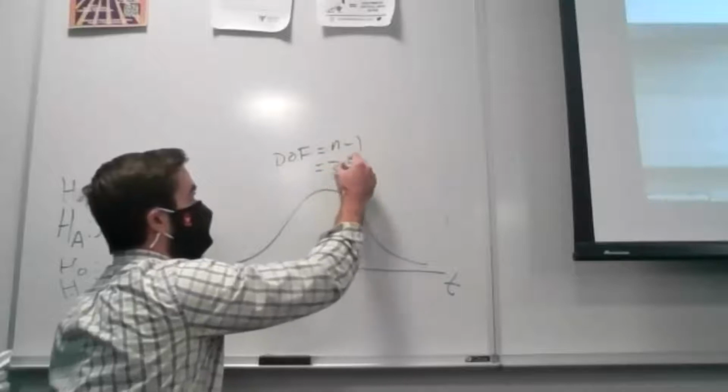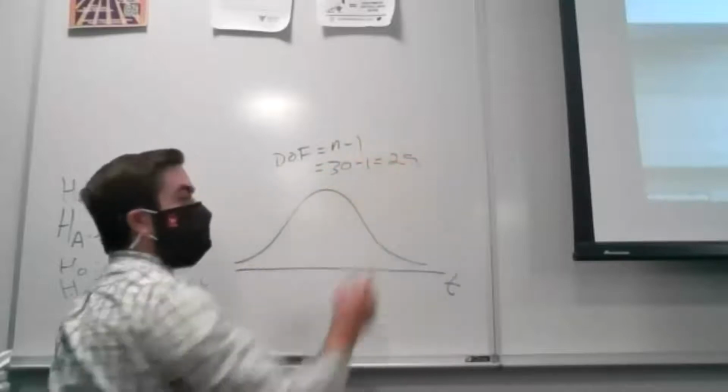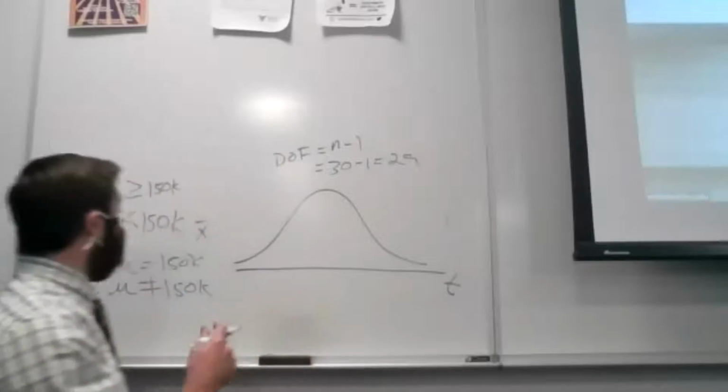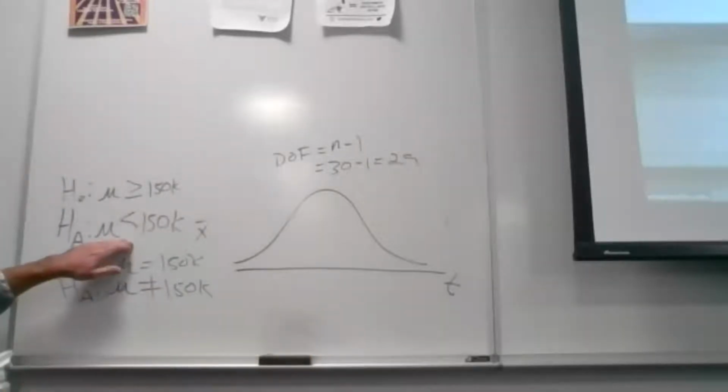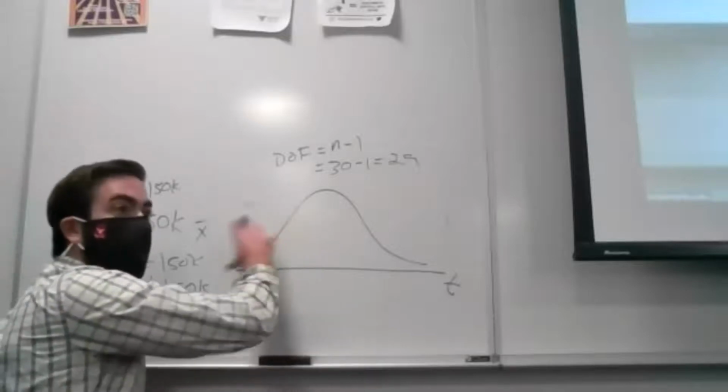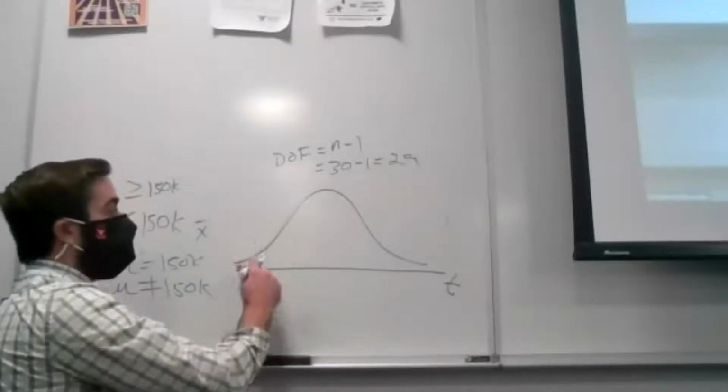I think our N was 30, so degrees of freedom 29. What type of tail test do we have? We have a less than sign in the alternative hypothesis, so this is a left tail test. So we know we're looking at the left side, or less than, left tail of the distribution.